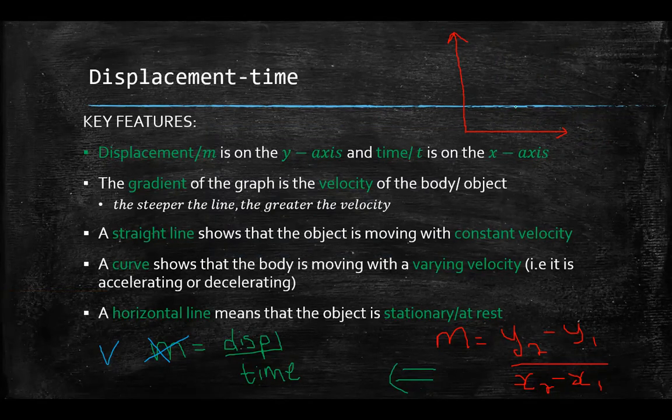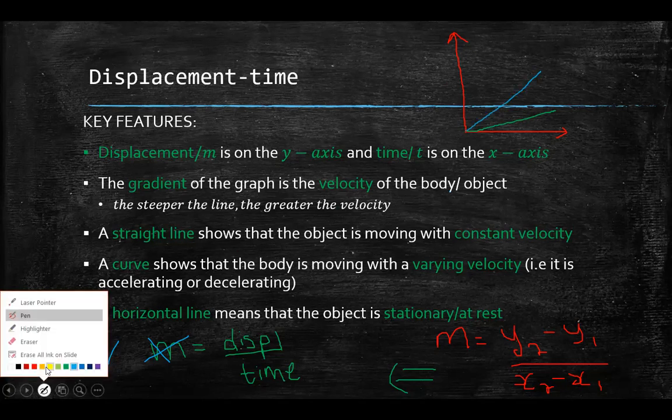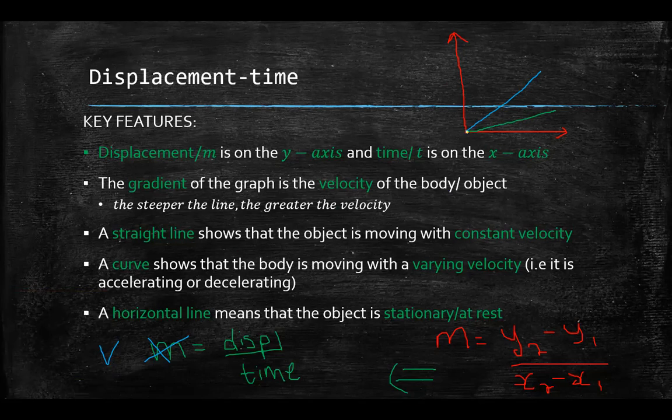So let's just say all of them pass through the origin. So I have a line going this way, I have another one looking like this, and I have another one looking like that.